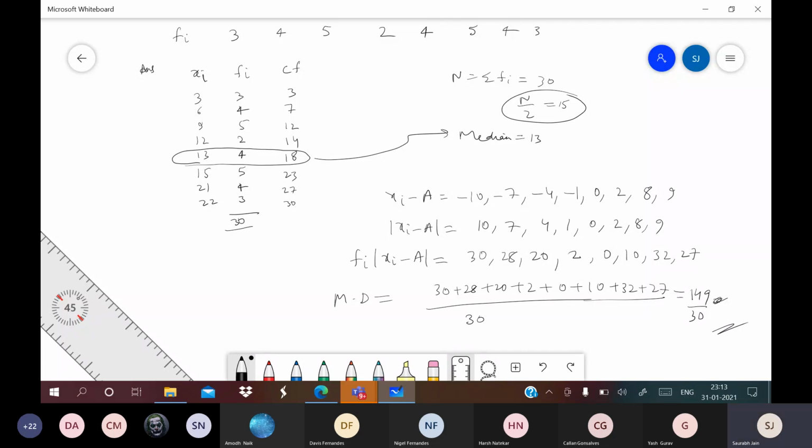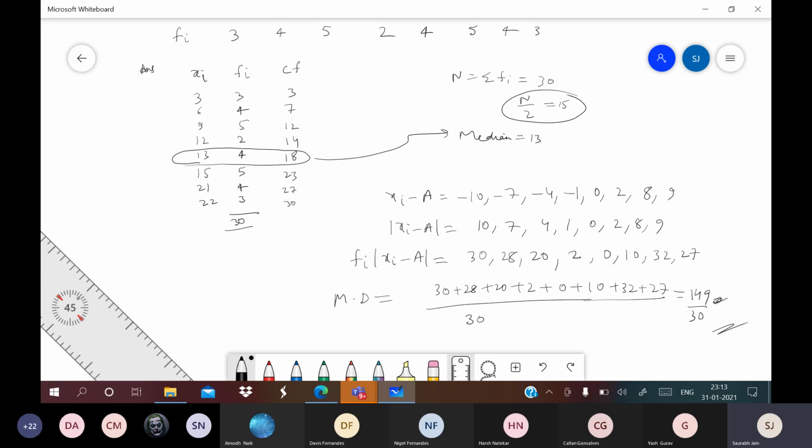See, the first exercise is devoted to finding mean deviation. For finding mean deviation, we have to study three types. One is ungrouped data. Then in grouped data, there is discrete frequency distribution, and last is continuous frequency distribution. Based on that, there is this exercise 15.1.